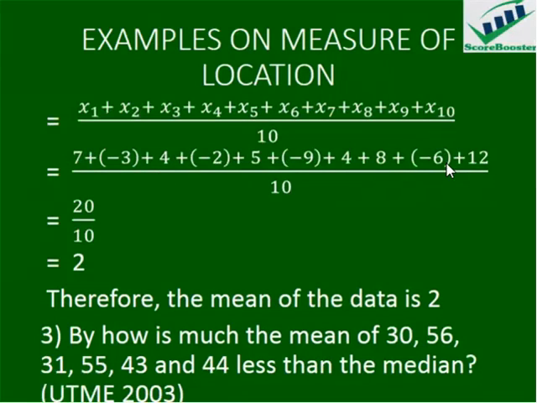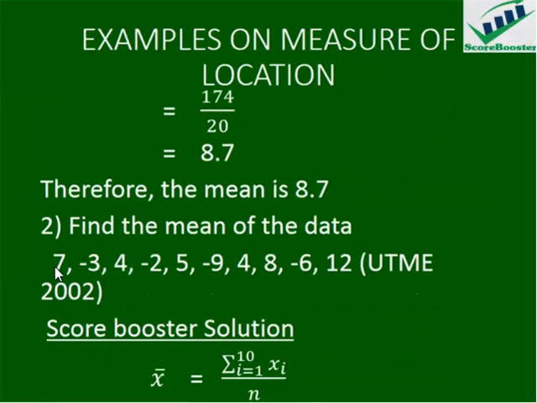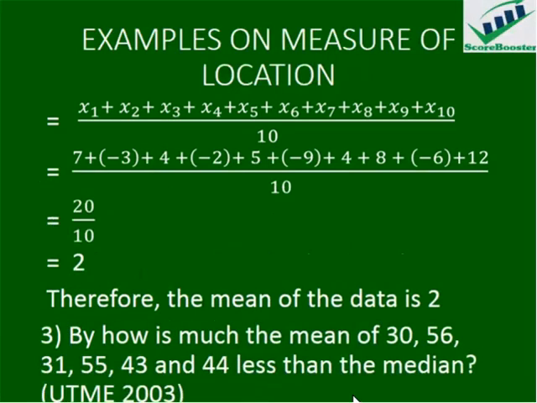Now divide the sum of all these by 10. If you sum this up, we have 20 divided by 10. So 20 divided by 10 is 2. Therefore, the mean of the data is 2. That is the mean of this data given: 7, minus 3 up to 12, their mean is 2.